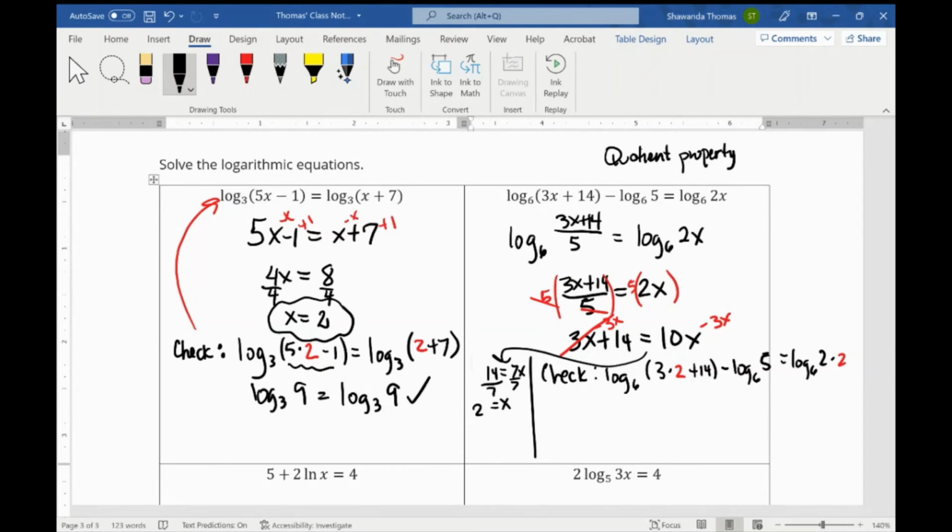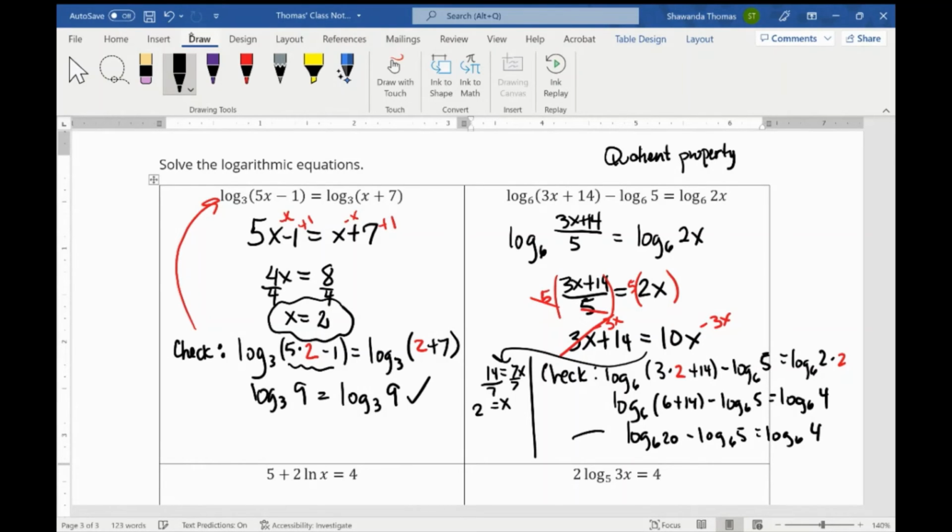Right? Next up, that's log base 6 of 6 plus 14 minus log base 6 of 5 equals log base 6 of 4. Log base 6 of 20 minus log base 6 of 5 equals log base 6 of 4.